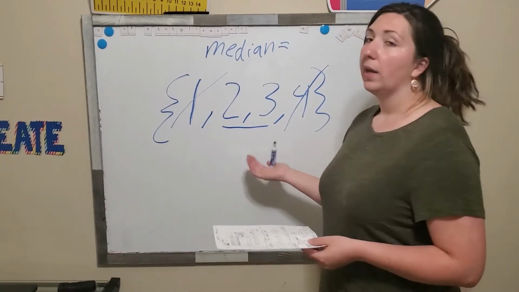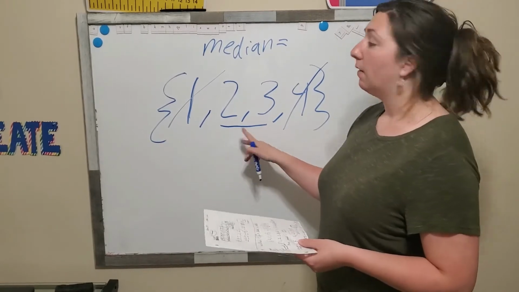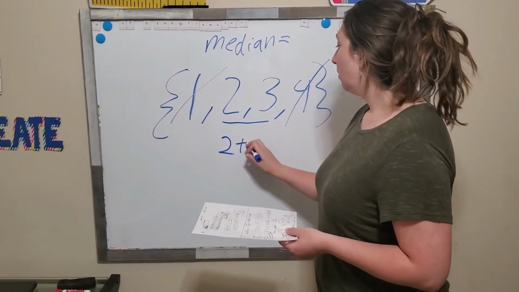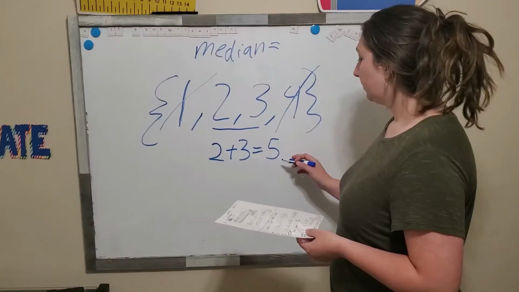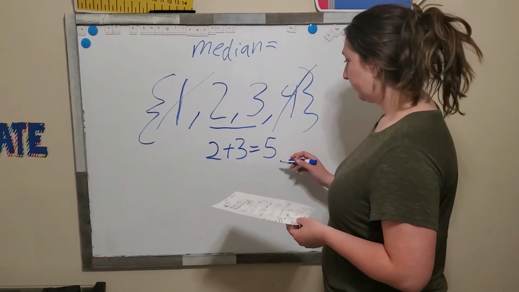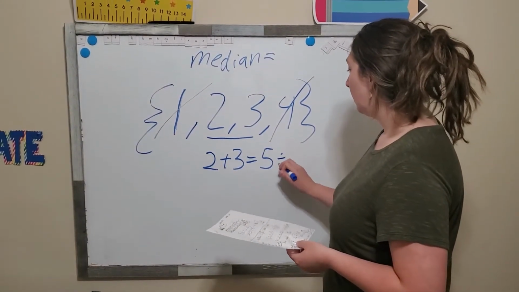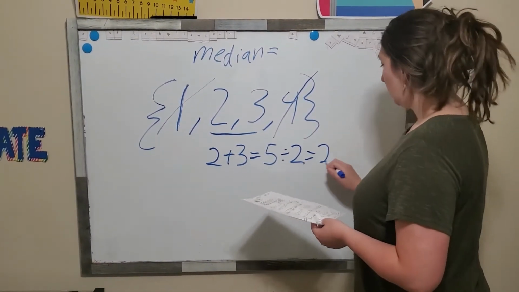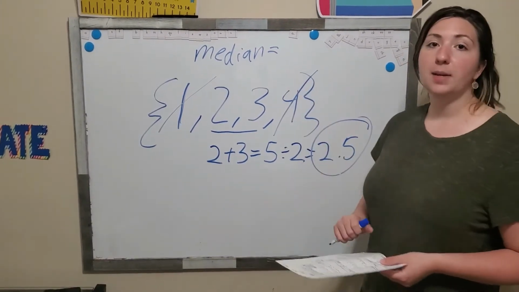Like I said a minute ago, we now find the mean of these 2 numbers. 2 plus 3 equals 5. Now we divide that 5 by 2 because there are 2 numbers, and that gives us 2.5 as our answer for our median.